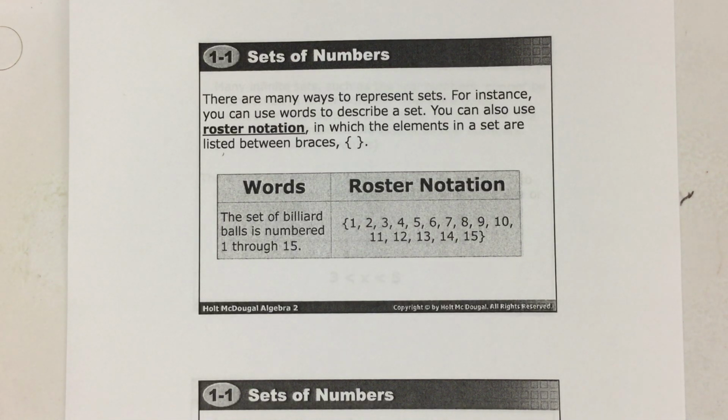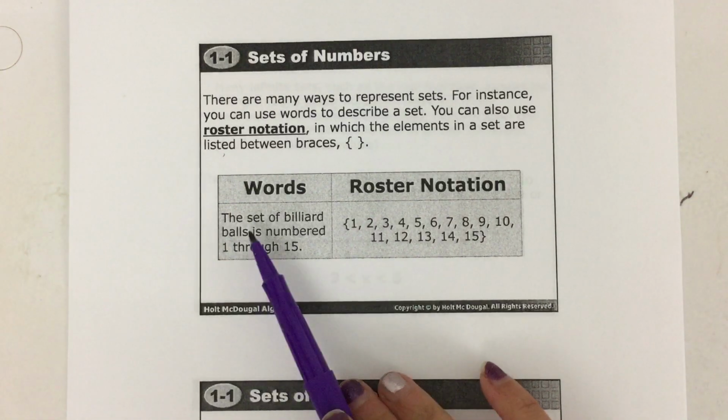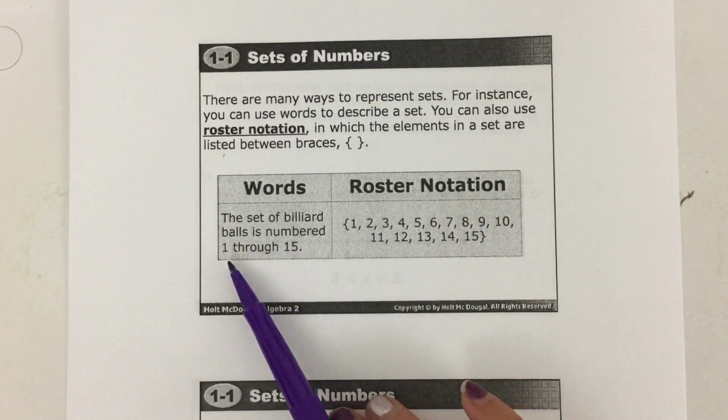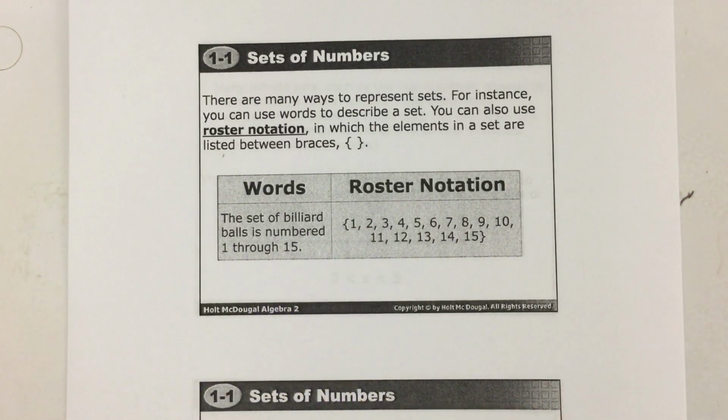Kind of fun. Okay, so again, if we're talking about the game of billiards or pool, if I'm talking about those numbers, I can use words and say the set of billiard balls is numbered 1 through 15. It tells me that I'm including all the numbers 1 through 15 in words. Roster notation, if you go to a sporting event and you look at a roster, what a roster does is it lists every single player for the event or every single actor or actress in the play.